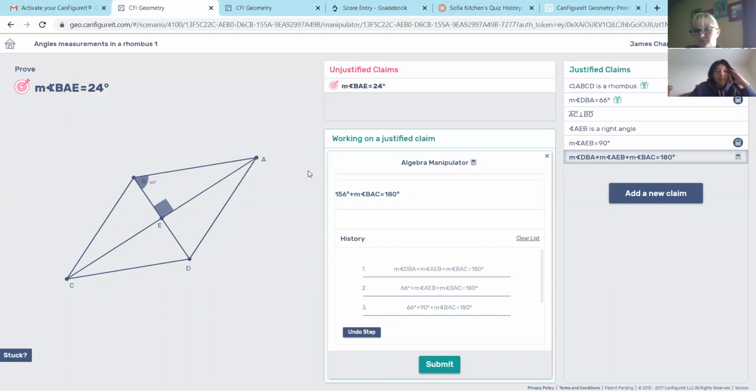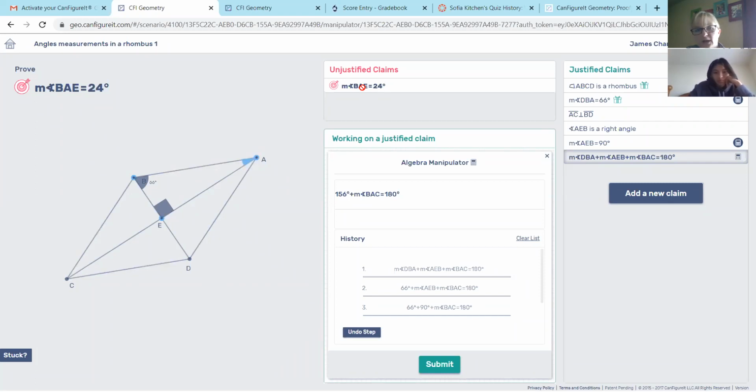I would use substitution. Okay, what would you substitute? Angle E with angle B. Okay, I see what you're saying. So actually, all we have left to do, I didn't realize I had made this mistake, but do you see how right here I'm trying to prove angle BAE?